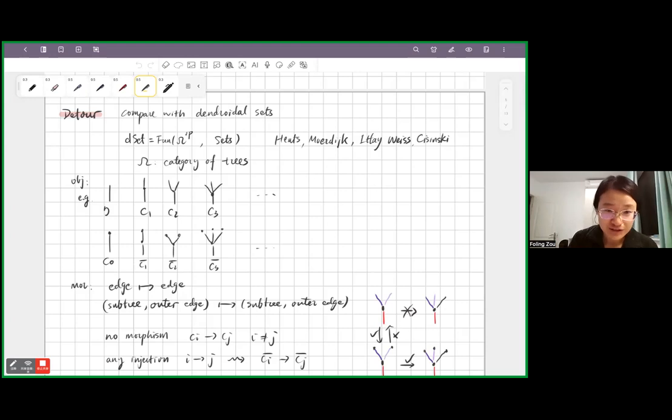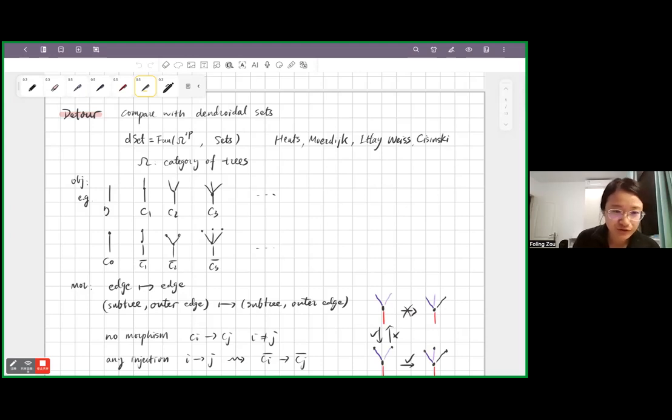So the objects of this category of trees include a lot of things, and let me just list some important ones. There is this eta, which is just a single root. There is this C1 with two edges and a vertex, and there is this C2, C3, and so on. And we can also take closures of these, C0, C1 bar, C2 bar, and C3 bar, meaning now we close them up by vertices on top.